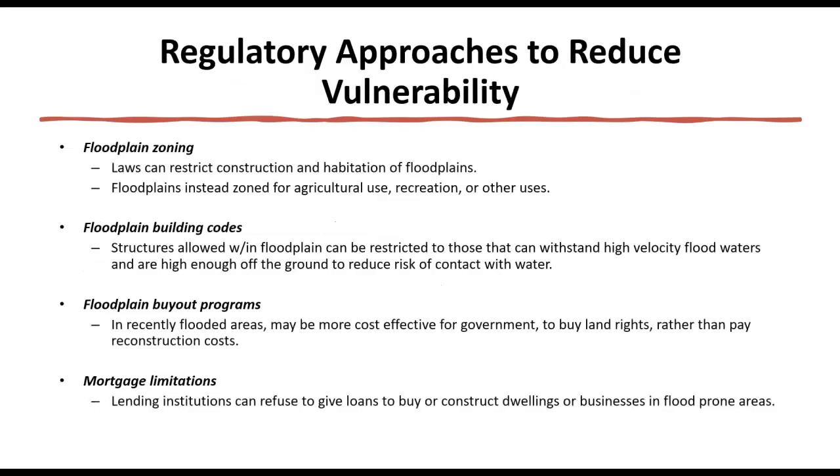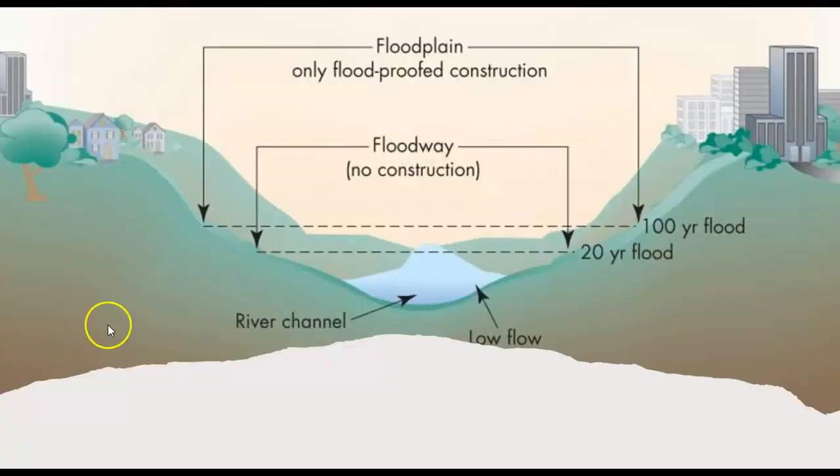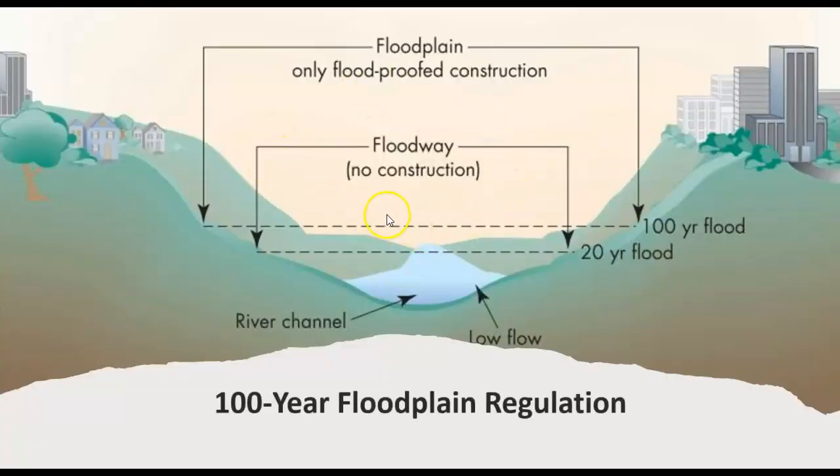And so, here's more regulations that are trying to either restrict people, like you can't build there, you have to build a certain way, or you have to have a certain amount of money to do this, and all these ways that we want to keep people out of the danger zone, basically, right? If we look at an area like this, we might have something that says, we've calculated that this is the 20-year flood area.